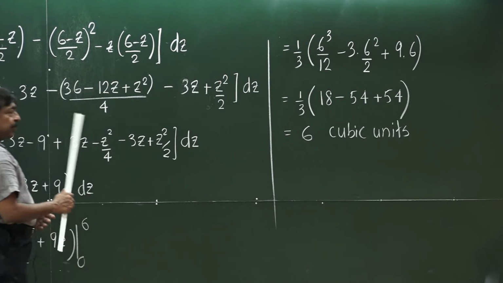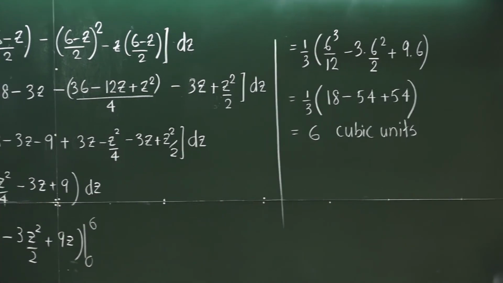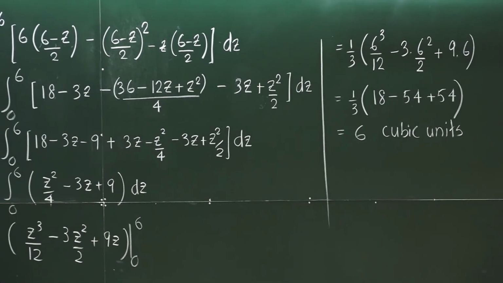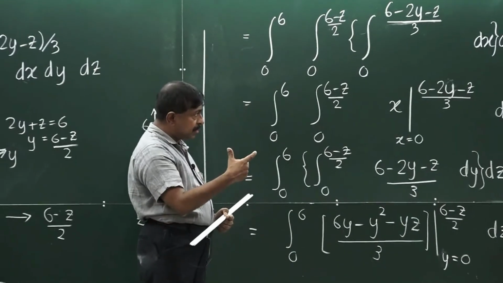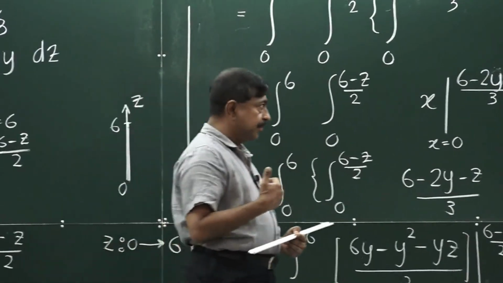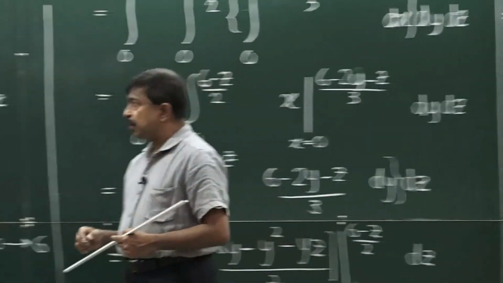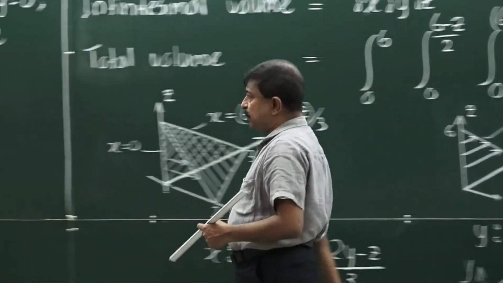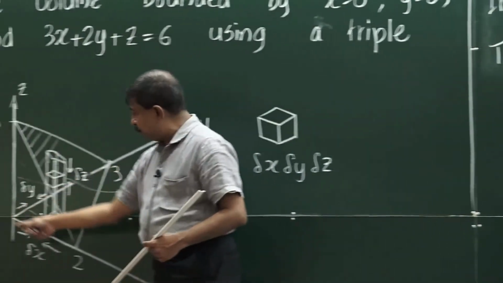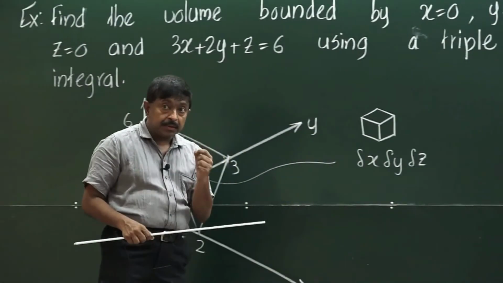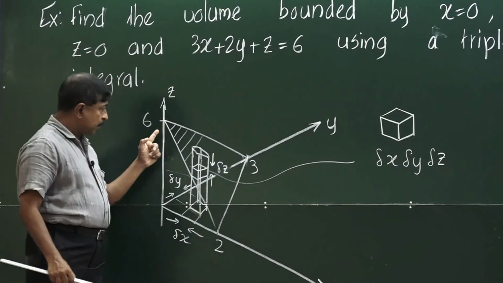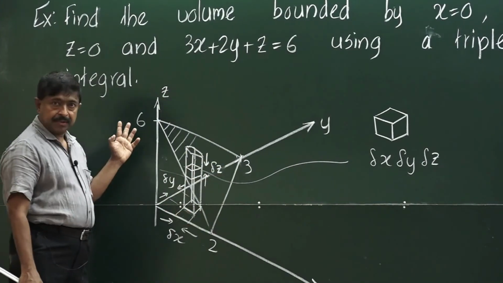You can remember we got the same answer when we used the double integral, but sometimes triple integrals have some advantage over double integrals. The reason is, for example, say this is some kind of a charged object, or an object with non-constant density.